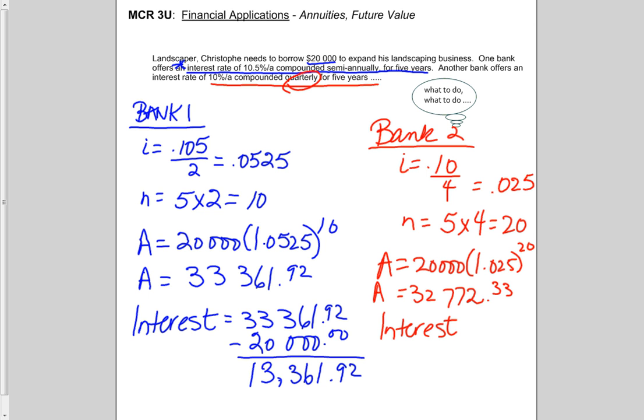The interest is the $32,772.33. Subtract his initial loan, $20,000. It will be $12,772.33. In the course of 5 years, that's a fair bit of interest difference.